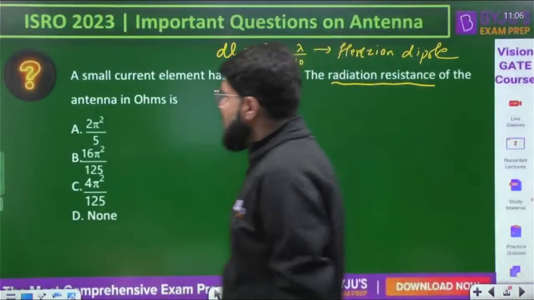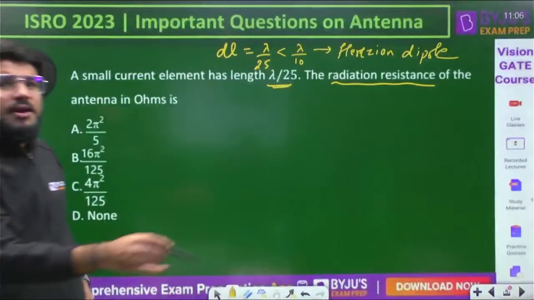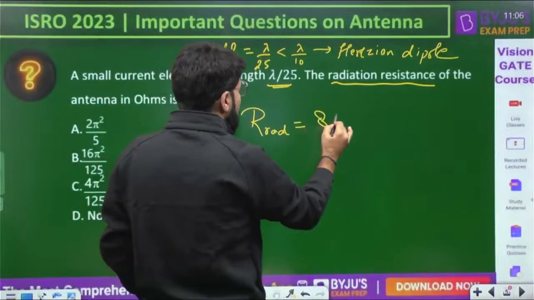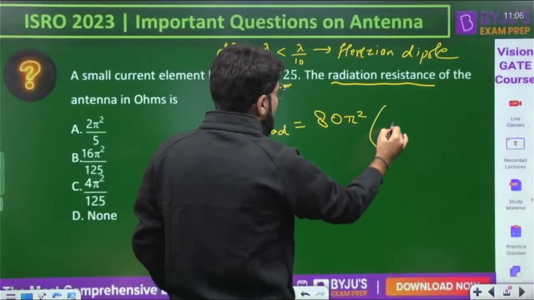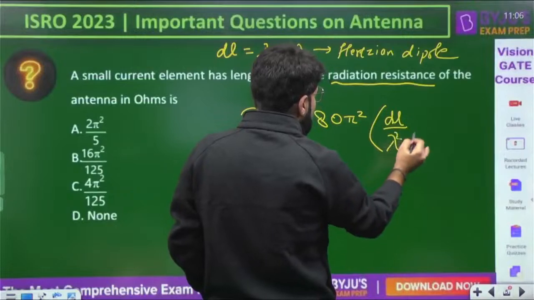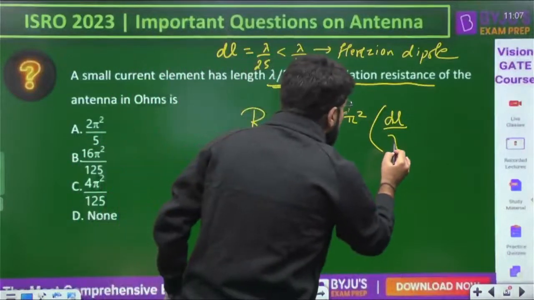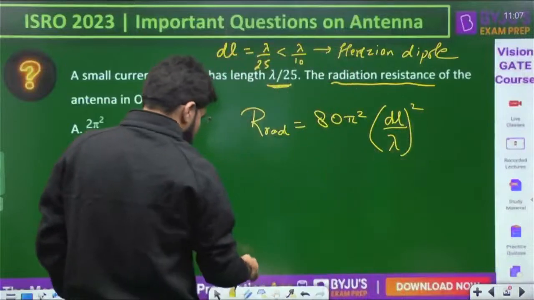This comes under the case of the Hertzian dipole element. And for the Hertzian dipole element, what is the radiation resistance? It is given by 80 pi square (dl by lambda) whole square. Just put down this value.